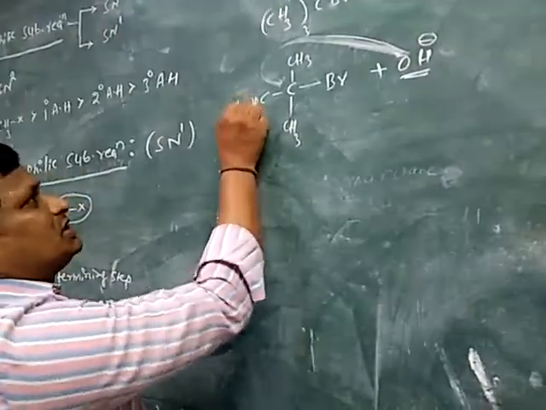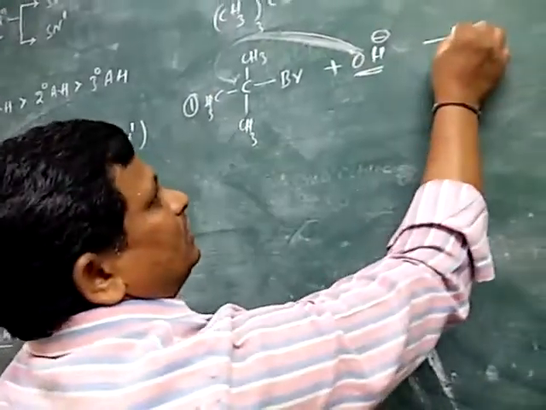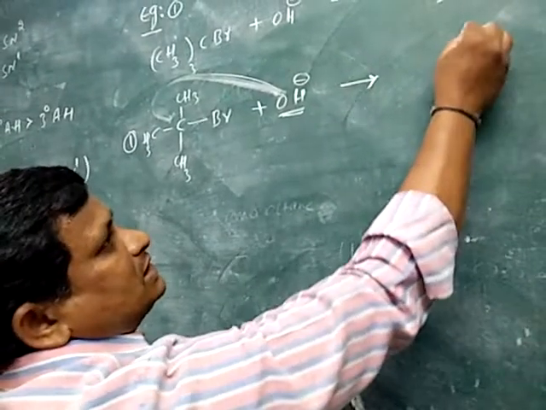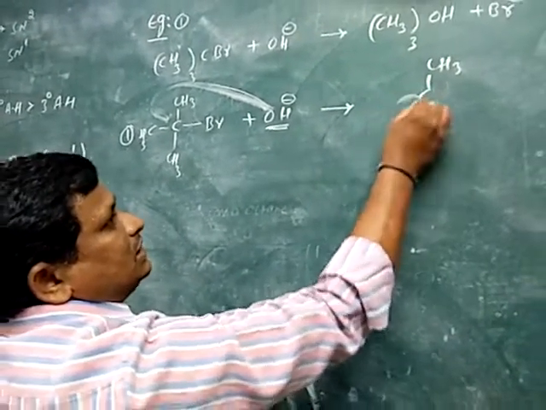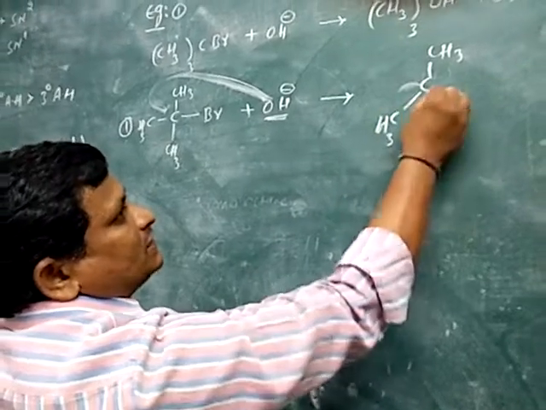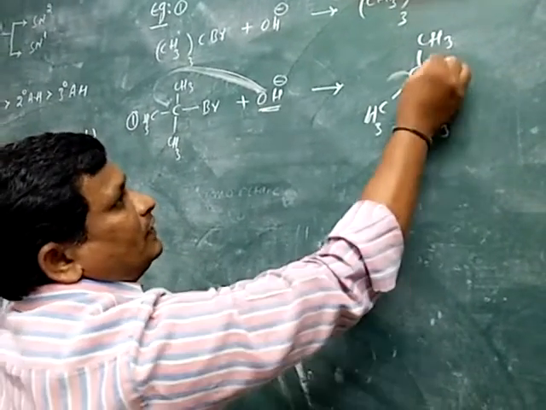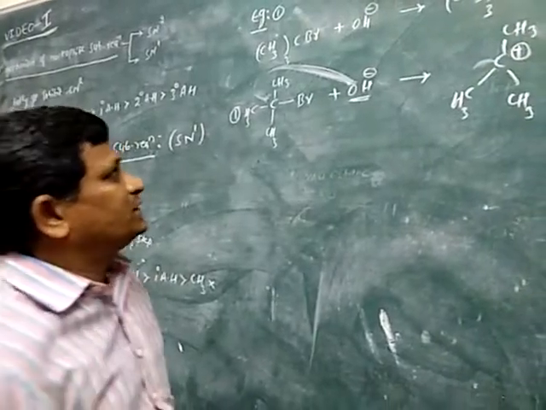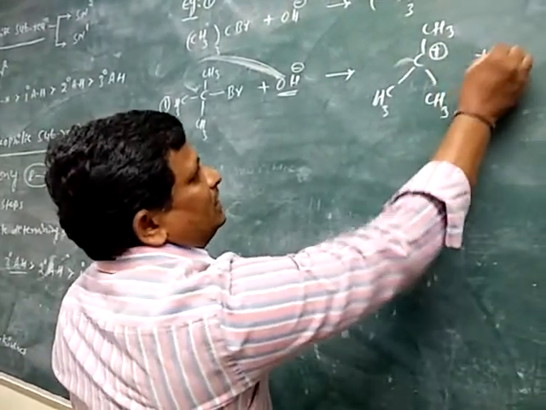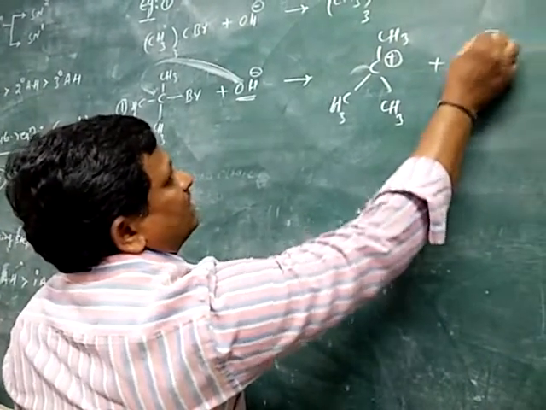So in the first step, what happens? The (CH3)3C-Br forms a carbon with positive charge, and a carbocation is obtained along with Br minus.